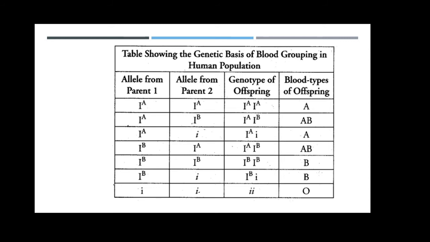And if both the antigens are absent, that is denoted here by small i from parent 1 and small i from parent 2. The offspring has two small i, that is, the offspring doesn't have any antigen A or B, and hence the blood group is O. So that is regarding the blood group in human beings.